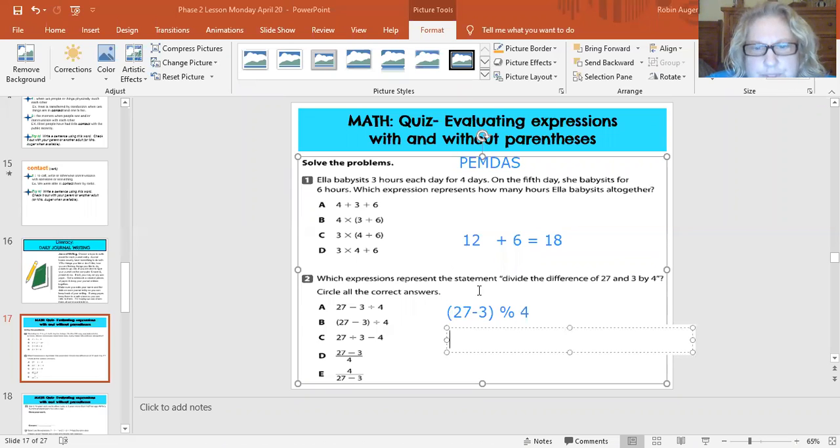Okay, so our next line, we're going to do this parentheses first. 27 take away 3 is 24. Divide by 4.